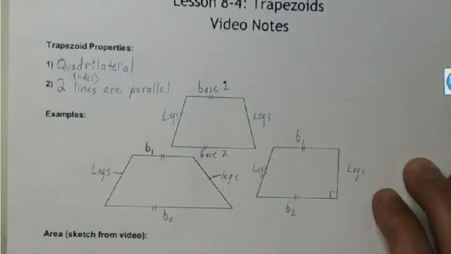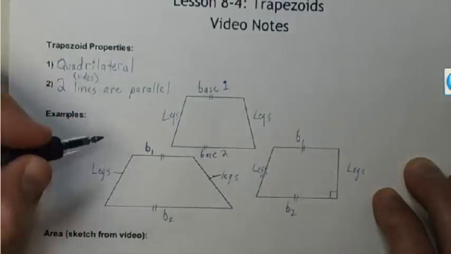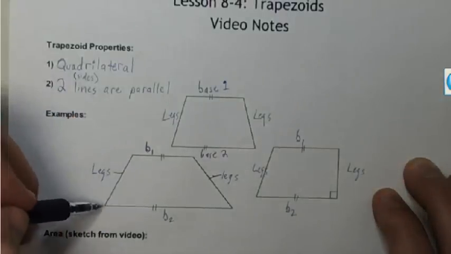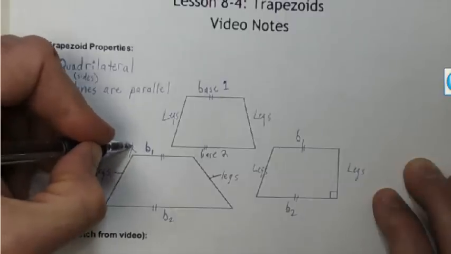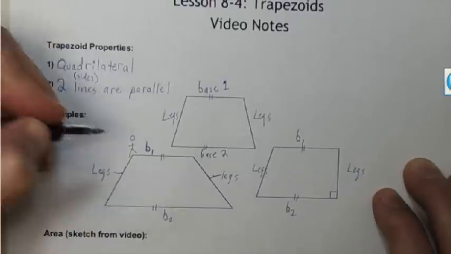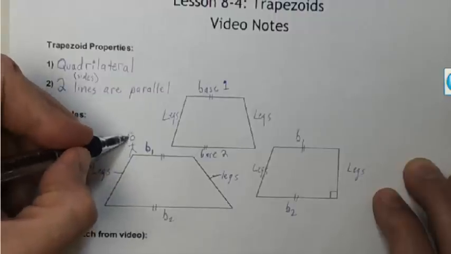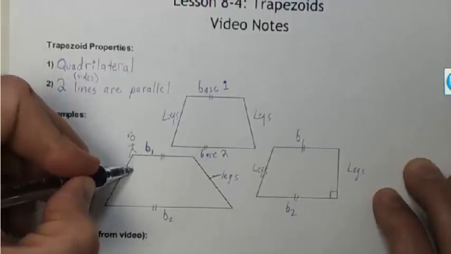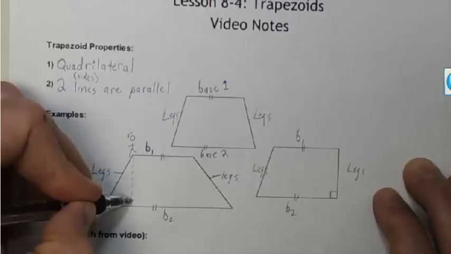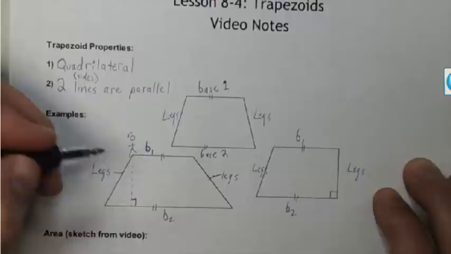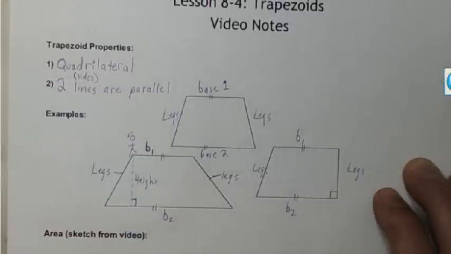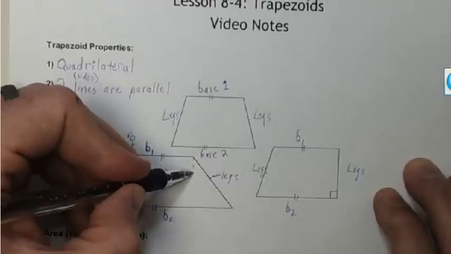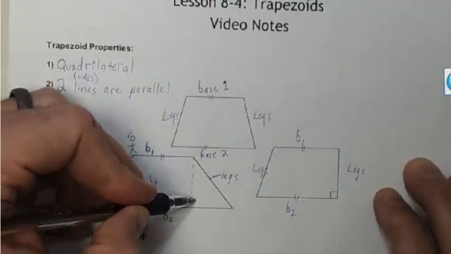Okay, now we also are going to have to determine the height. So the way we do that is we go from the bottom of the base, we hike up to the top, and we're at that top vertex right there. Alright, and we're just going to drop that rock straight down, and when we see that right angle sign right there, that's the height. So that's the height, and we can do that from either side. That's also the height.